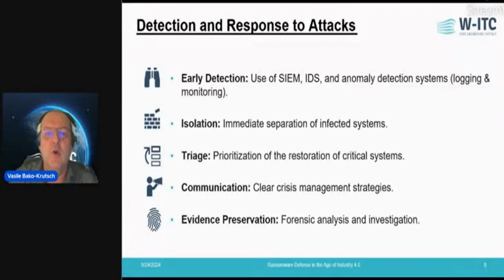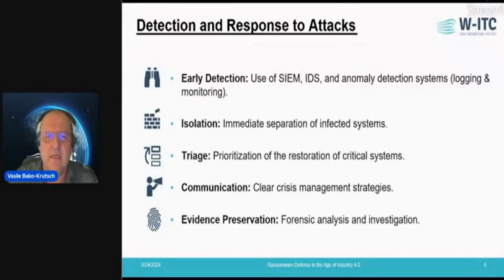These systems monitor the network and the systems, the activities going on there, in real time, and can immediately alert to suspicious activities. Another system would be the so-called anomaly detection system. This can also identify unusual behavior that indicates a ransomware attack.